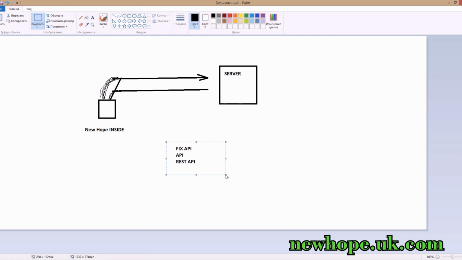When we initially released the New Hope Fix API, many people did not get why we did it and what it was. I believe that at that time, people in the market of high-frequency strategies did not understand this. With the release of the New Hope Insight, people understood that New Hope Fix API is the same as New Hope Insight.